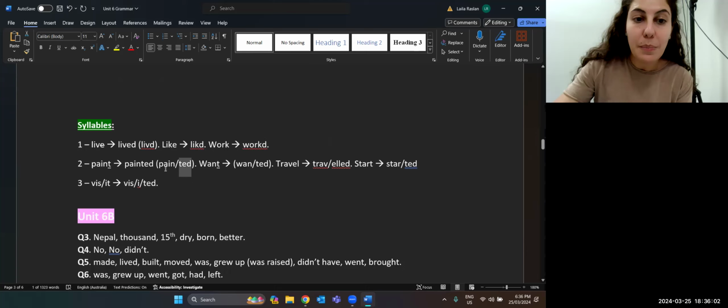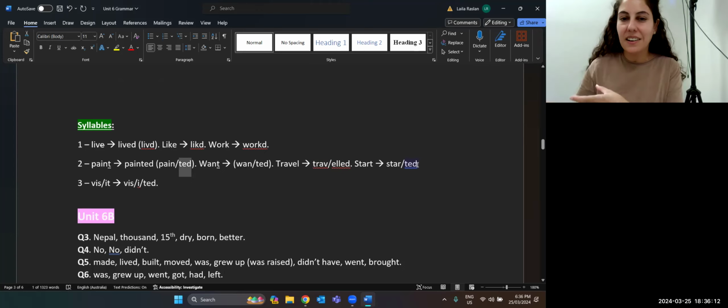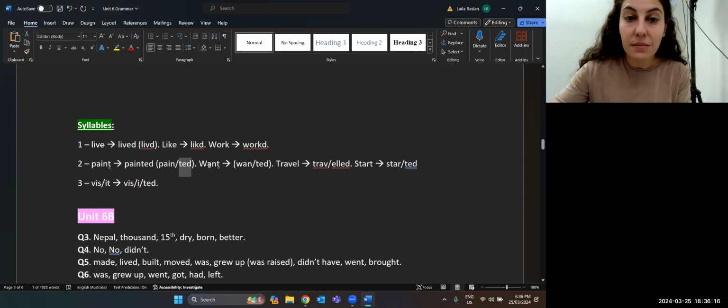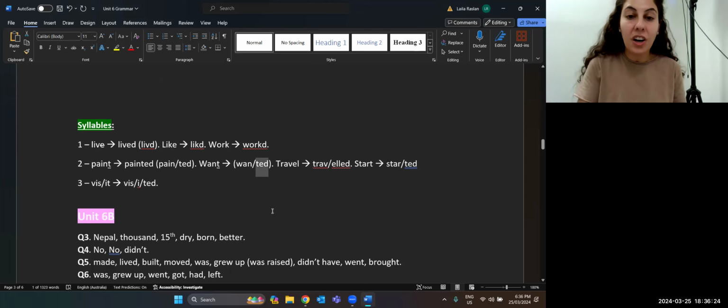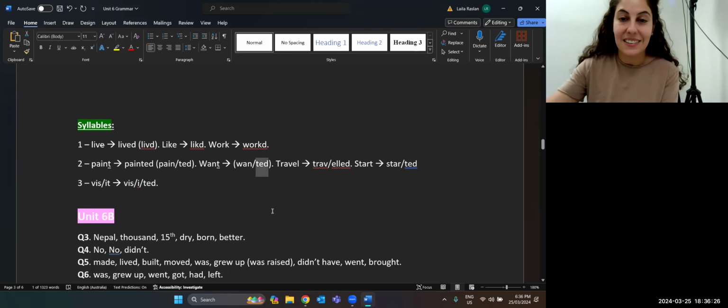But this was painted, wanted, traveled, started. Can you see how it has two sounds? So how would I know? It ends in a T. Usually the ones that end in a T have one sound, and then you have to put the TED as another sound, wanted. Okay, traveled.